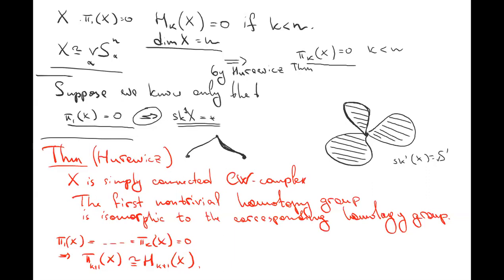Your 1-skeleton is a graph with some vertices, and you can contract the maximal tree, again because of Borsuk's lemma. So you can always assume that your CW complex has only one 0-cell.